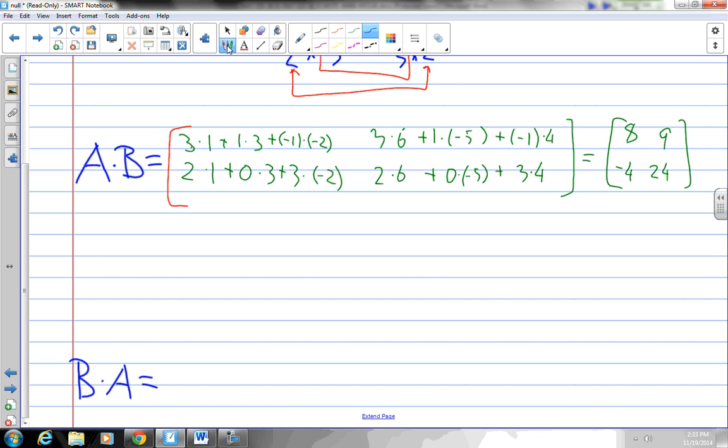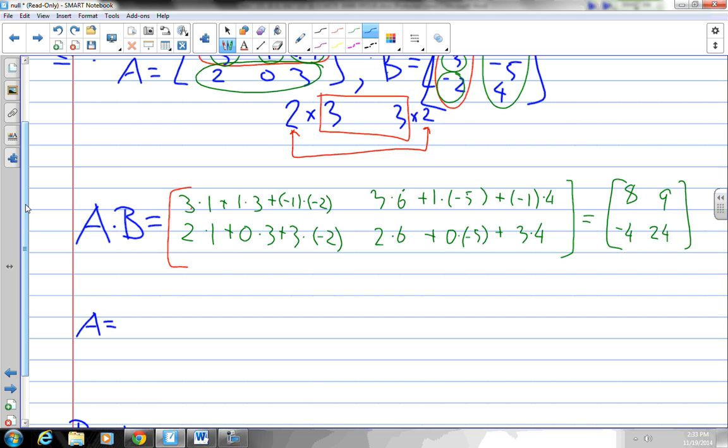What is A? 3, 1, negative 1, 2, 3, right? And the B is, no, 1, 6, 3, negative 5, and negative 2 and a 4.